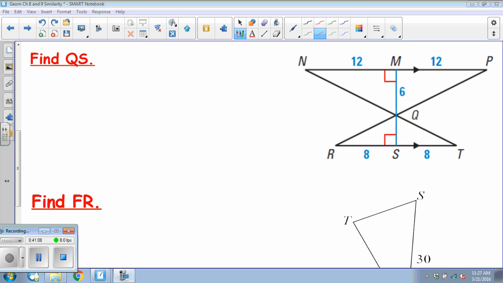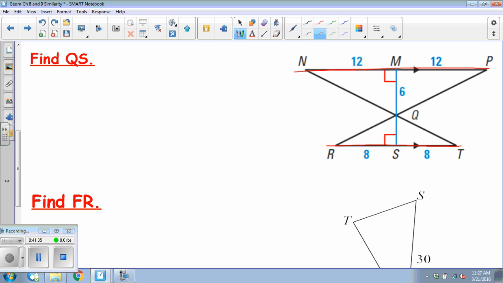Now, they tell you that this line is parallel to this line. If that's true, what does it make line PR? A transversal. If you see those parallel line markings, that's giving you information about those angles.